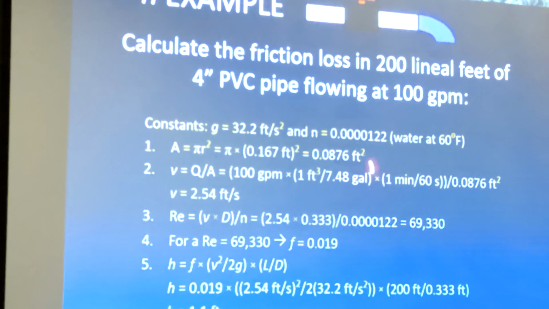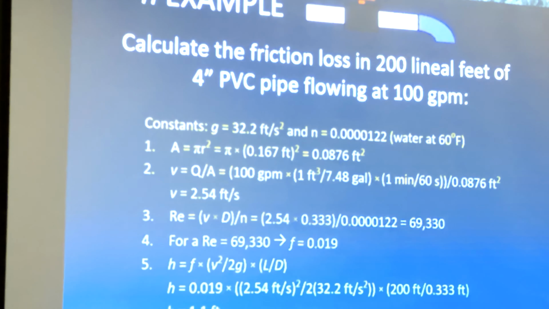So you have this area of the pipe. The velocity of water through the pipe is then the flow, 100 gallons a minute divided by the area, 0.08. Right? Change the units here, so I'm canceling out things, gallons, and I end up with feet per second. So in this case, 100 gallons a minute in a 4-inch pipe with this area is 2.5 feet per second.